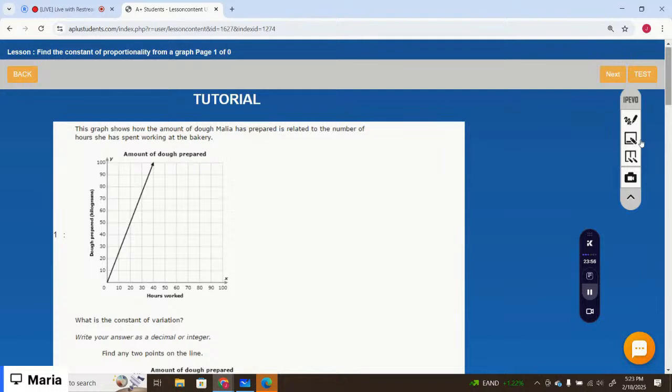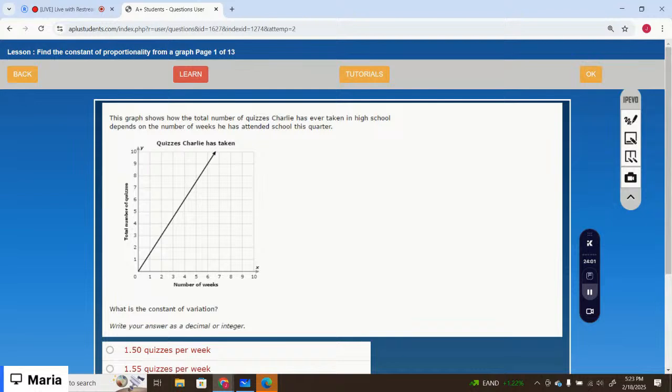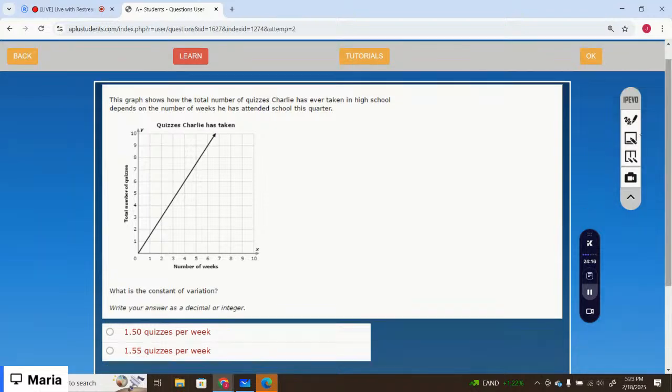Let's just start with the test questions. This graph shows how the total number of quizzes Charlie has ever taken in high school depends on the number of weeks he has attended school this quarter. What is the constant of variation?